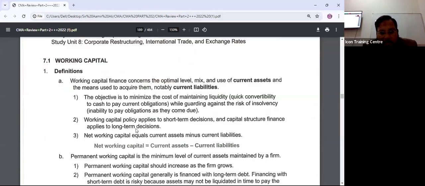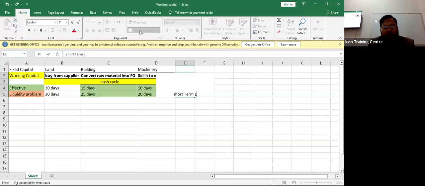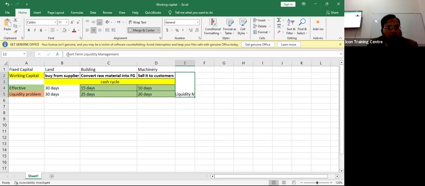So working capital policy applies to short-term decisions, and capital structure finance applies to long-term decisions. Capital structure is a long-term decision, whereas working capital management is a short-term decision. Working capital management is called short-term liquidity management. But when we have to manage the long-term liquidity, that is called capital structure.